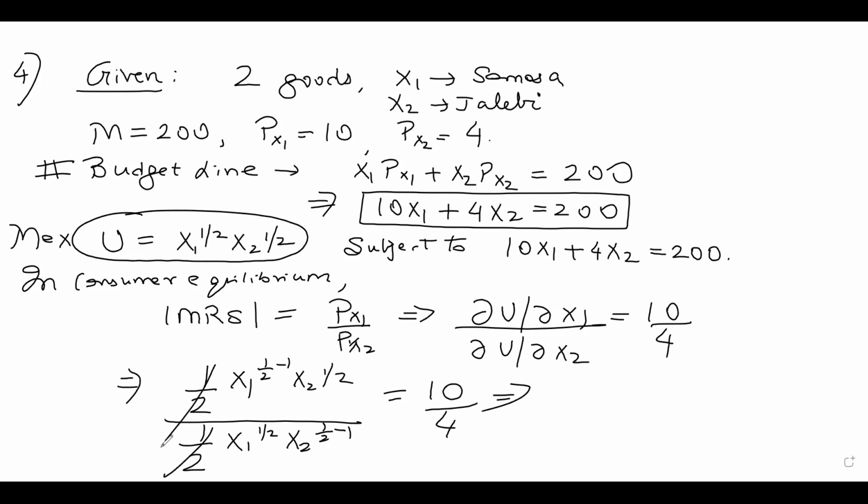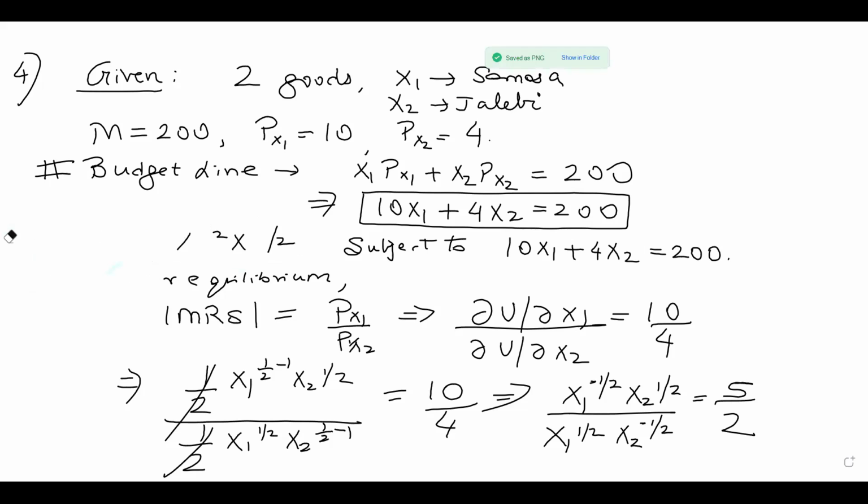which implies half cancels. I get x1 to the power minus half x2 to the power half upon x1 to the power half x2 to the power minus half equal to 10 by 4, is how much? 5 by 2. So if I erase the initial part, let us see what do we get.